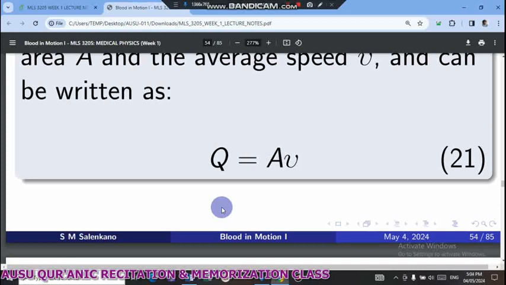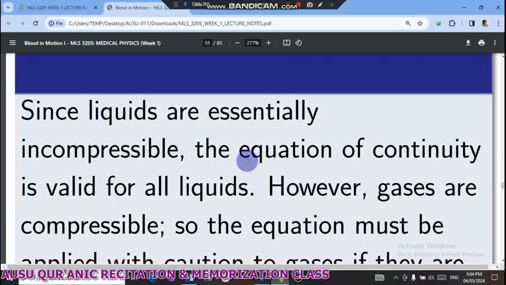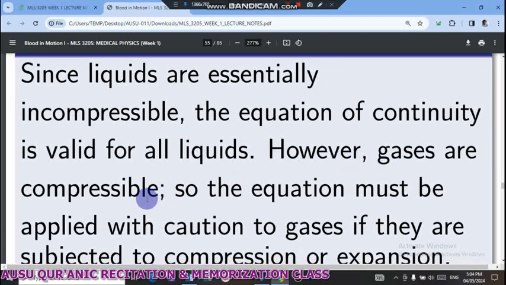We can't say all, but most liquids are incompressible, and because of that, this equation is valid for nearly all liquids. But gases are compressible. Even though we use the equation for gases, we use it carefully.